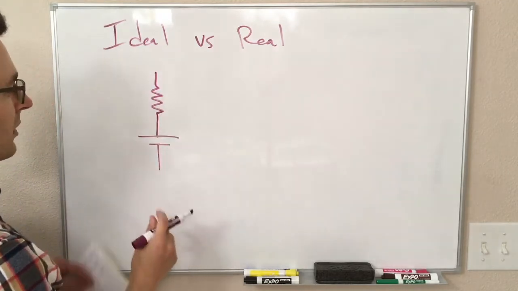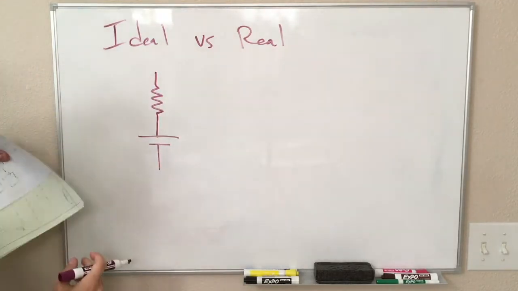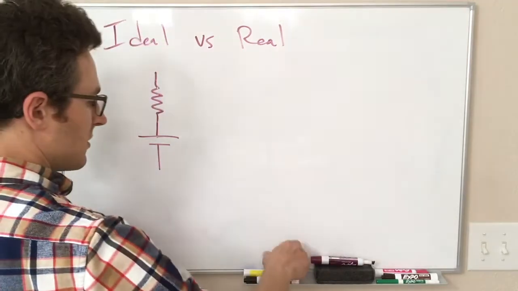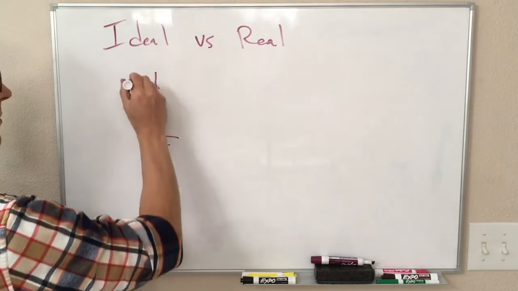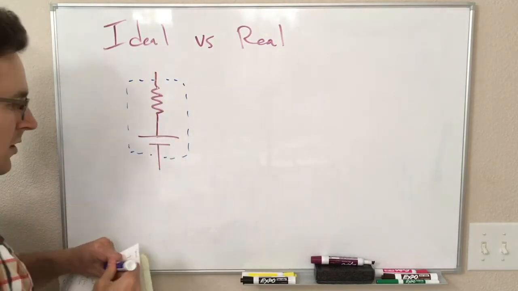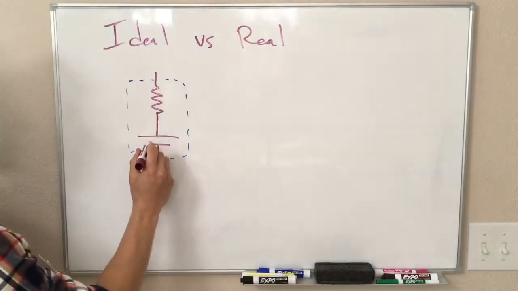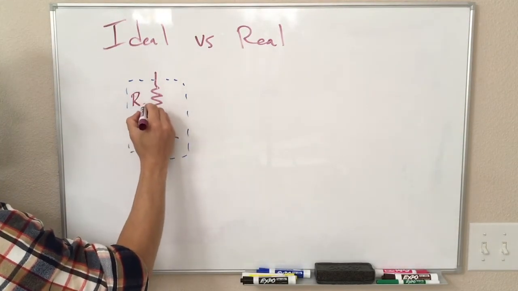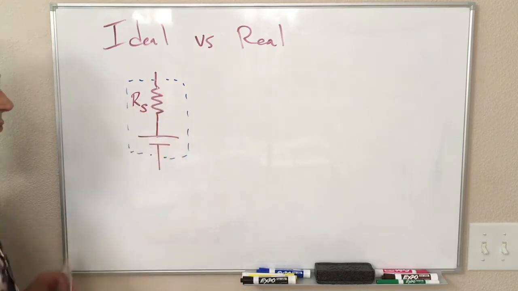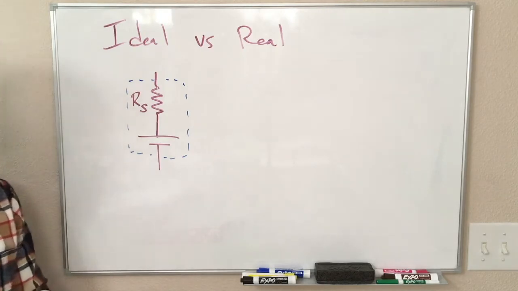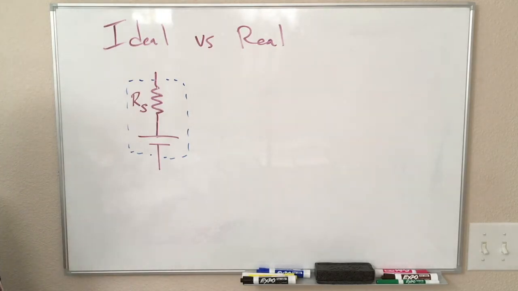So instead of our battery just being this piece, now our battery is this whole thing, which includes an ideal voltage source in series with some resistance that we will call RS for series resistance. Sometimes this is also called the internal resistance of a battery or power supply.